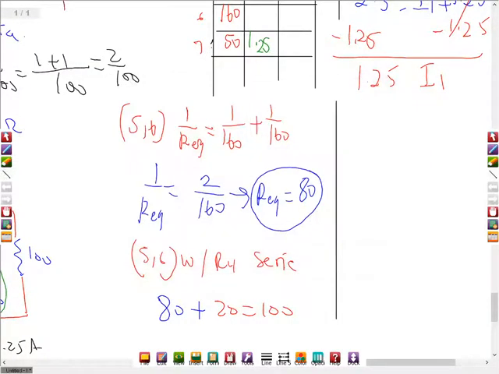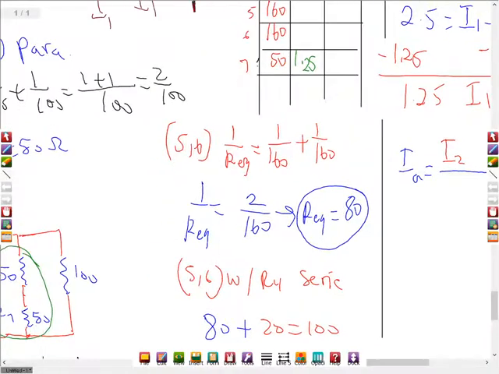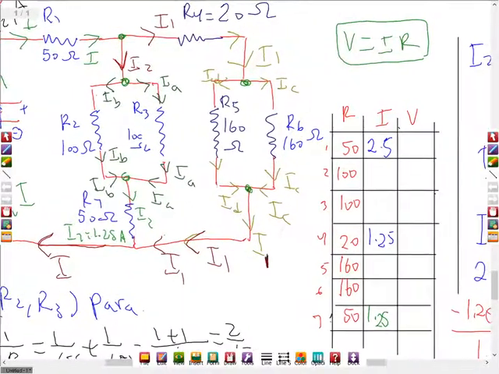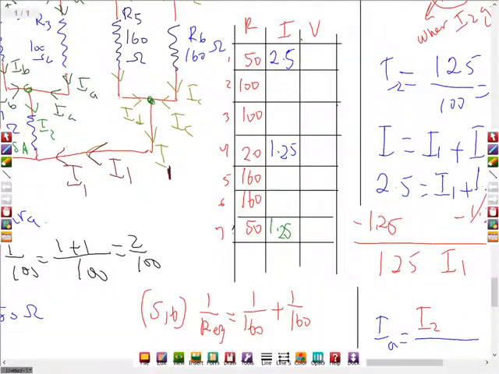IA came from where? It came from I2, right? And IA goes to where? Only to, look, IA goes only to this 100.